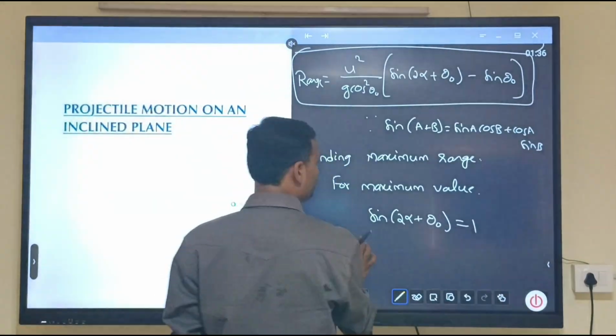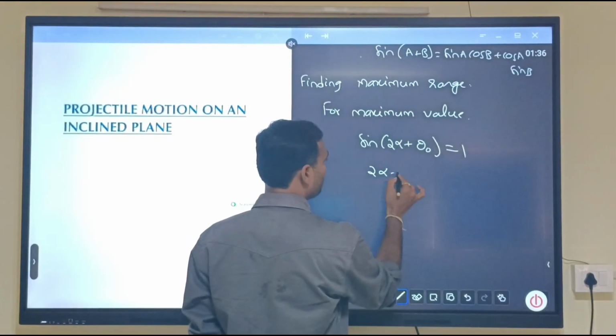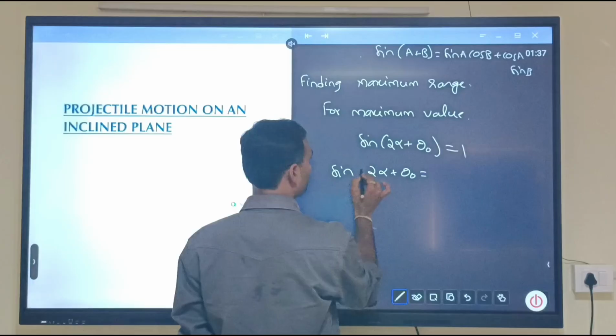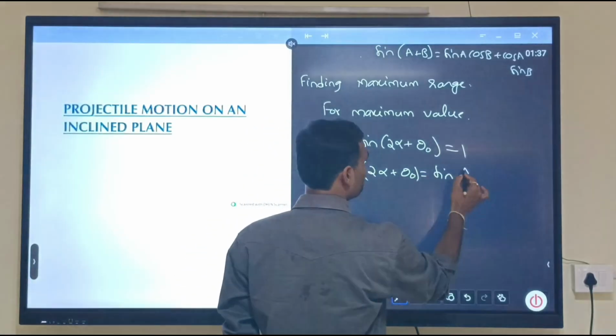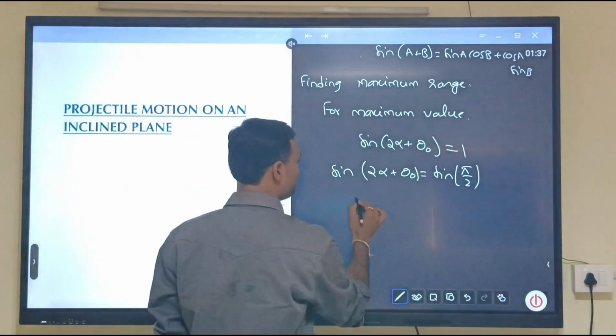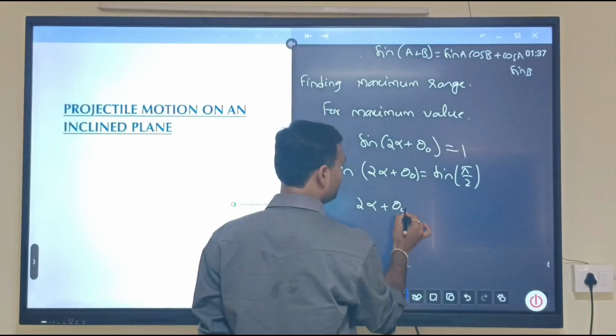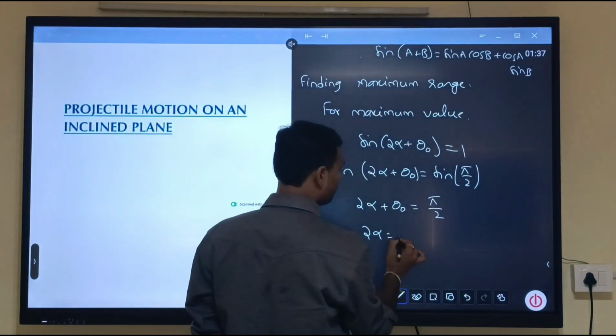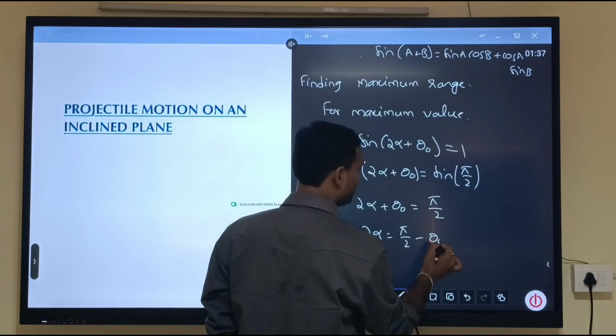So by using this one, can I write sin of (2 alpha plus theta naught) is equal to sin pi by 2. That means 2 alpha plus theta naught is equal to pi by 2. Then 2 alpha is equal to pi by 2 minus theta naught.